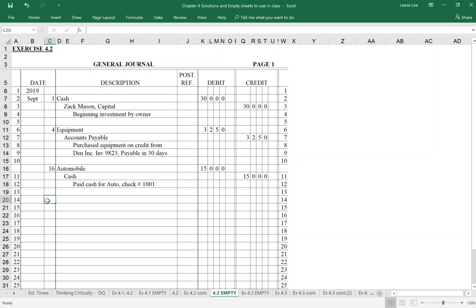Okay, for the transaction on the 20th, we purchased supplies for $260, paid with a check. So we'll get our date in there. We increased our asset called supplies. It was $260. And we paid cash for that.